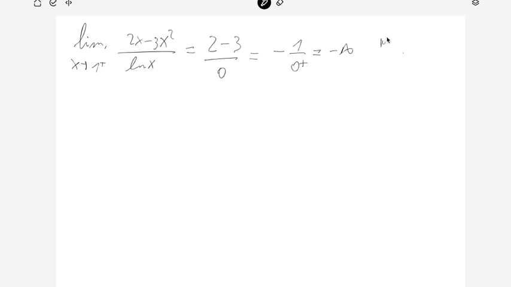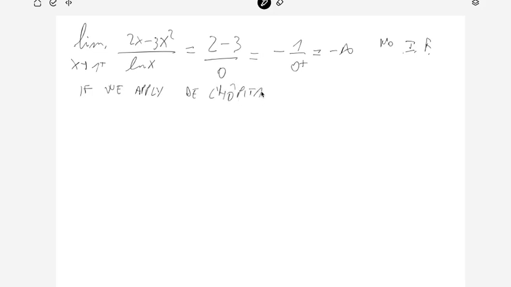Okay, so in this case there is no indeterminate form. The limit is solved just by substituting. We have to pay attention because here the L'Hopital doesn't work, and it is wrong to apply the L'Hopital.